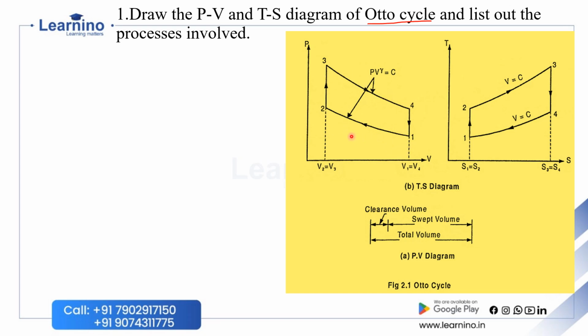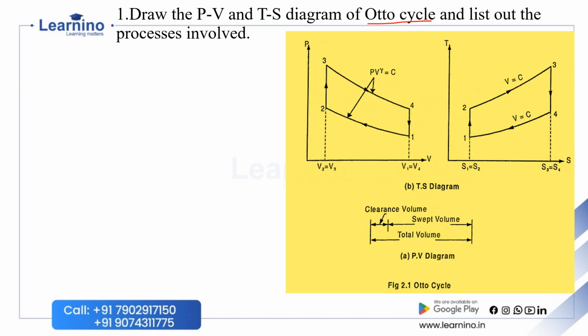Heat is supplied and rejected at constant volume, and the expansion and compression take place adiabatically. This figure shows the processes on the pressure versus volume diagram. Here the isochoric processes are vertical lines and the adiabatic processes are curved lines.